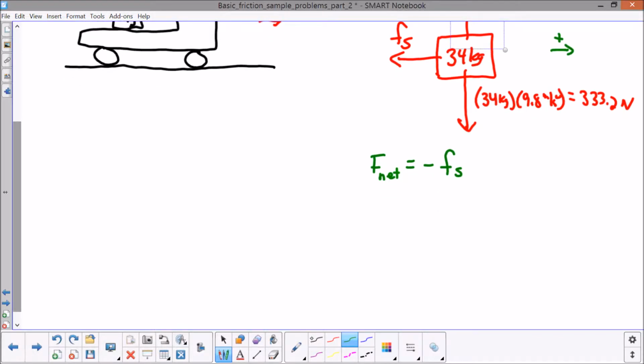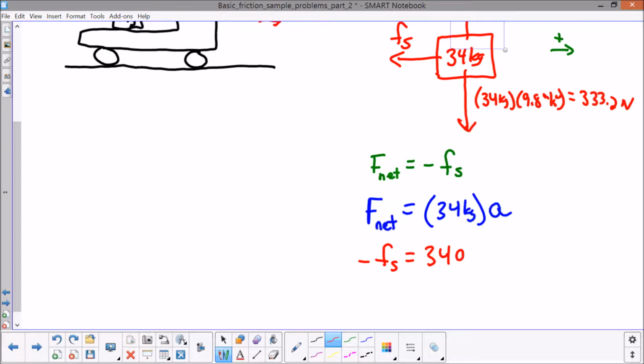We also know that the net force acting on the box is going to be the mass of the box, 34 kilograms, times the unknown acceleration of the box, which is going to be the same as the acceleration of the truck. And if the box is not slipping relative to the truck, that means that the box and the truck together have the same acceleration. So putting those two together, negative F sub s equals 34a.